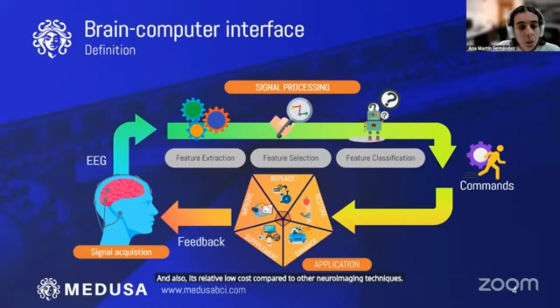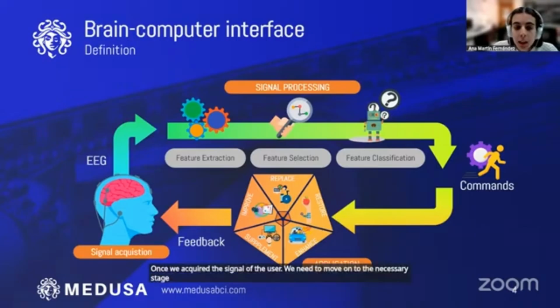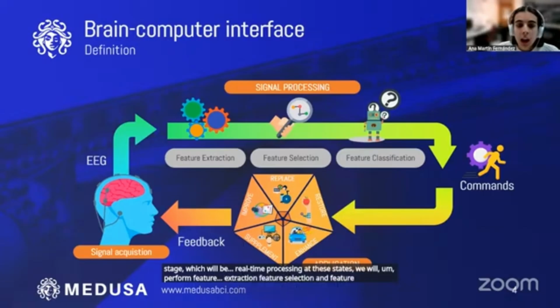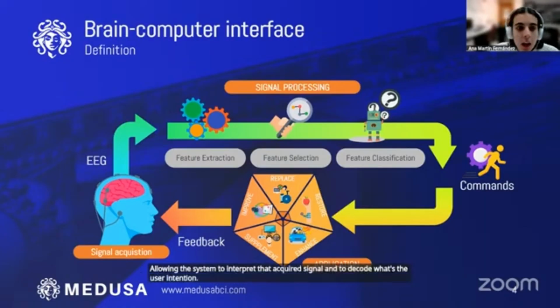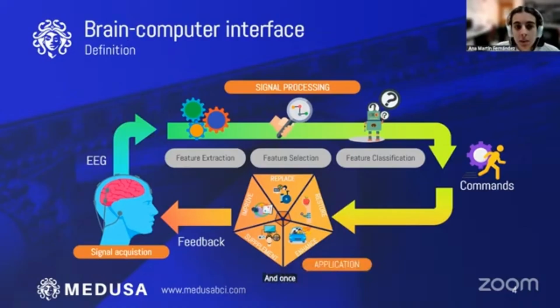Once we've acquired the signal of the user, we need to move on to the next stage, which is real-time processing. At this stage, we perform feature extraction, feature selection, and feature classification, allowing the system to interpret the acquired signal and to decode the user's intention. Once the signal has been processed and the intention of the user has been decoded, some command needs to be executed.